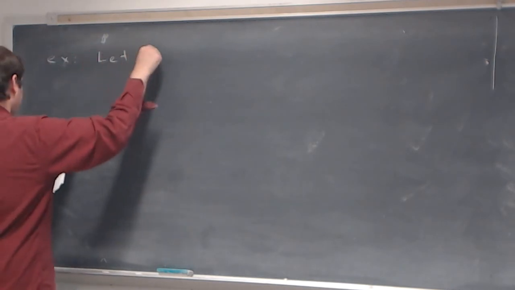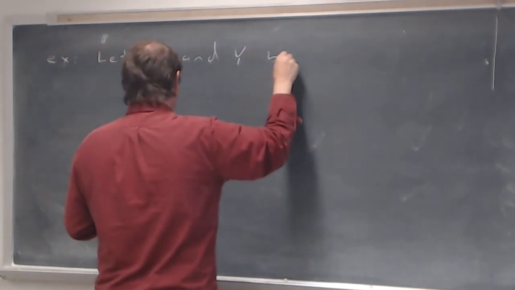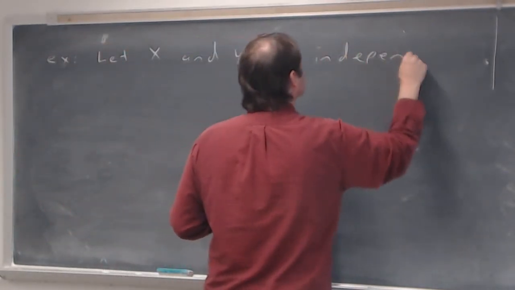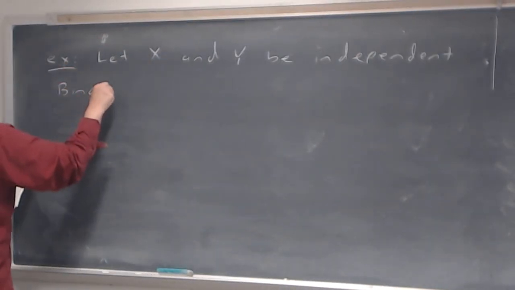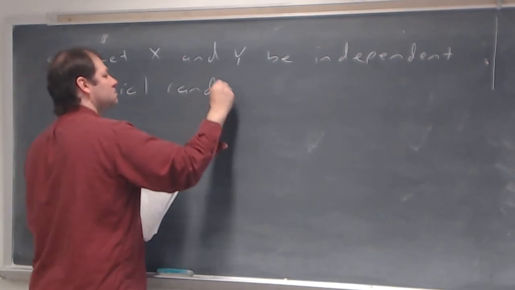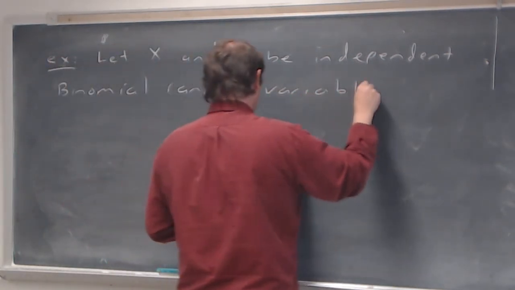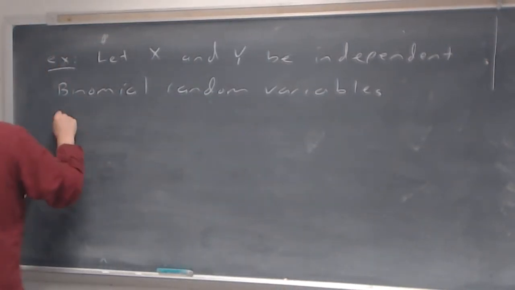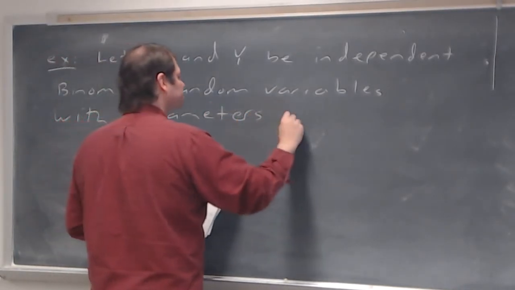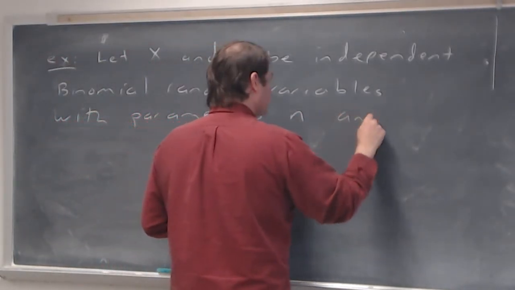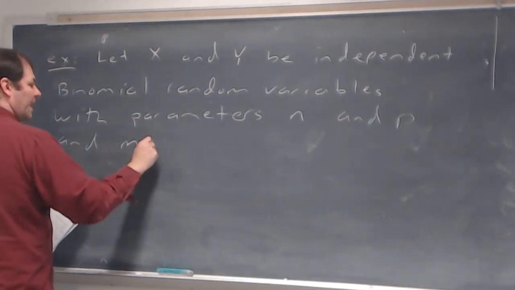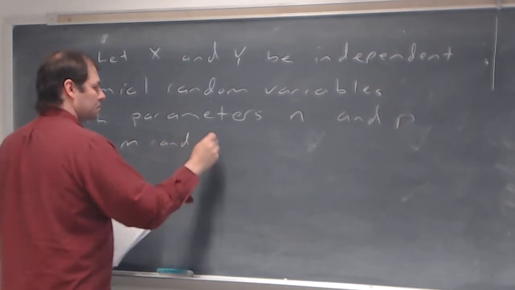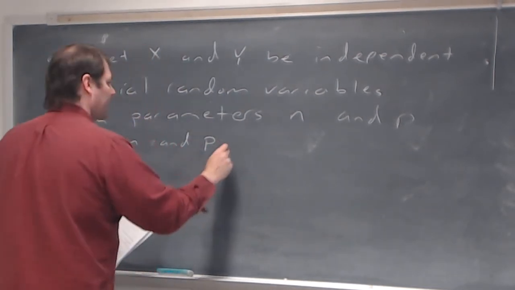So, as an example, let X and Y be independent binomial random variables with parameters n and p for X, and m and p for Y.